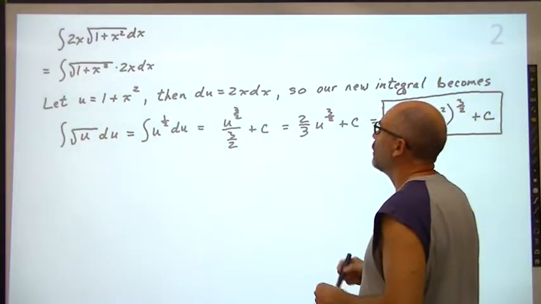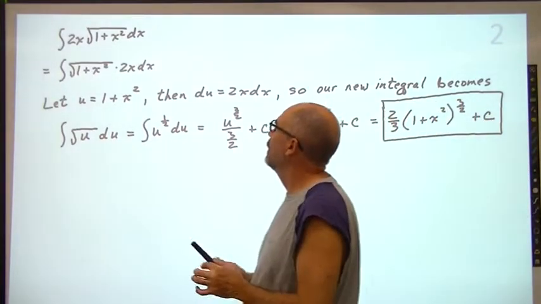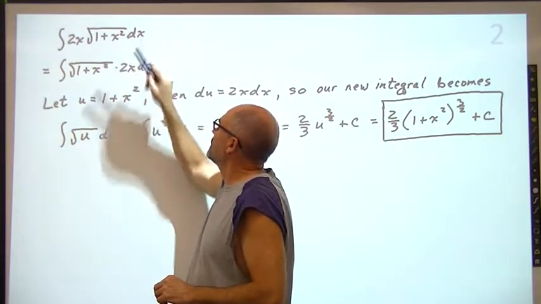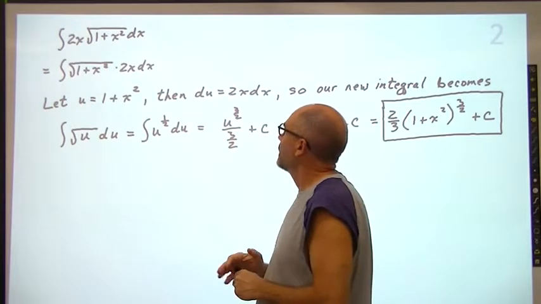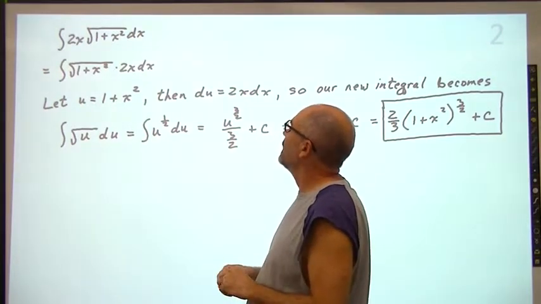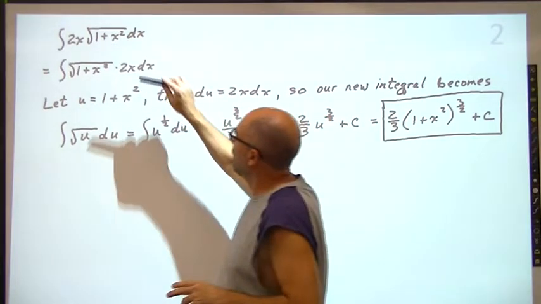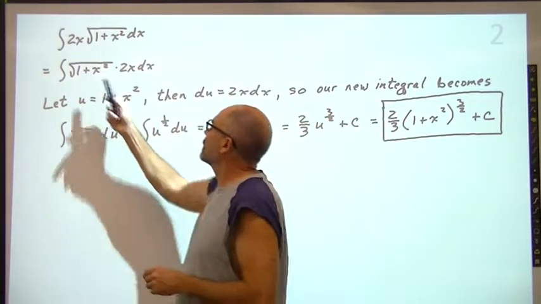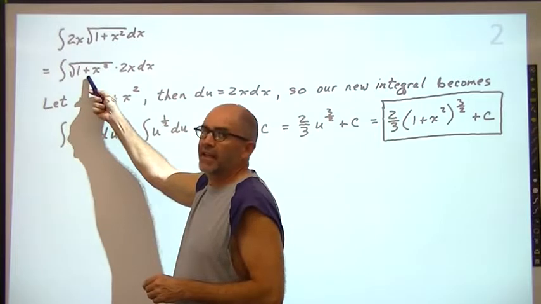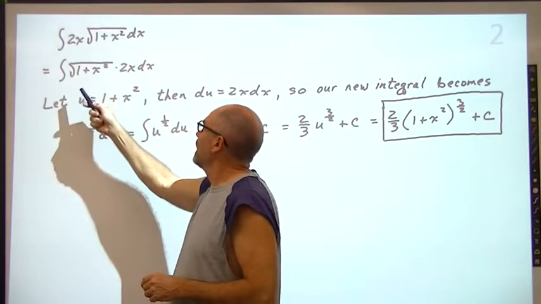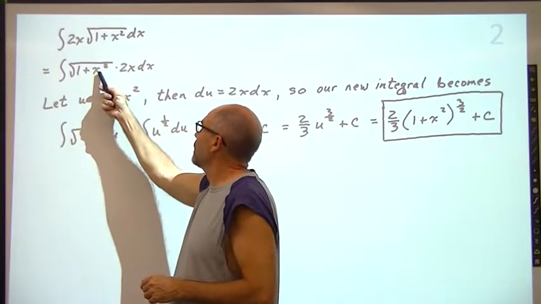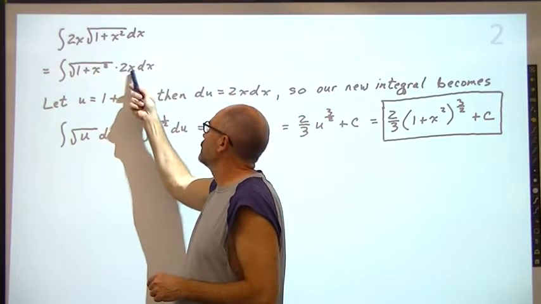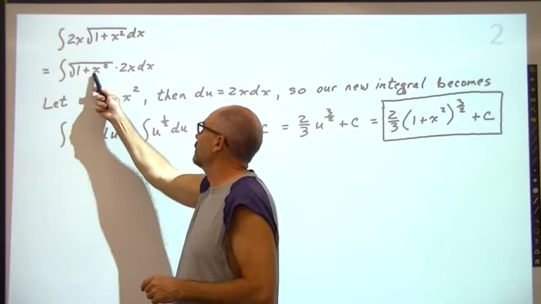First of all, we have the integral of 2x times the square root of 1 plus x squared dx. First thing I do is put it in the order so that you can see we have our integral of f of g of x. The g of x is the 1 plus x squared, and notice g prime of x is 2x, the derivative of what's under this radical.